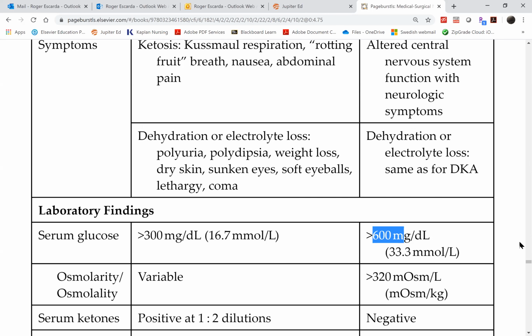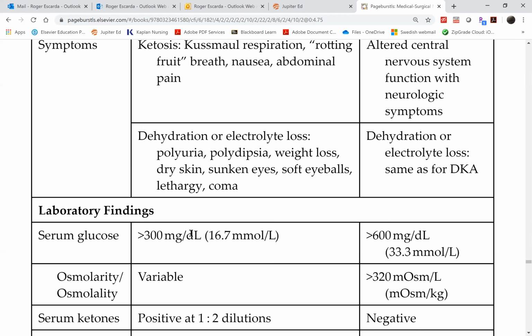So the higher your blood sugar, the more dehydrated you become. So which one of these patients, therefore, will have a poorer prognosis? Or should I say, which of these will be more dehydrated? HHS, obviously, because look at the blood glucose, 600. And that's just the start.